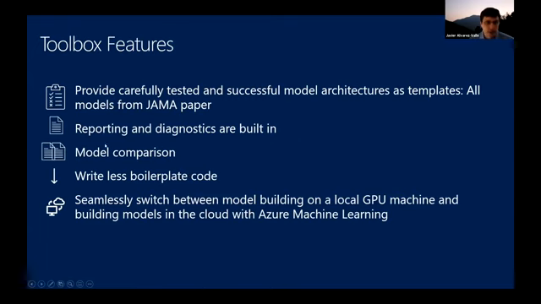Other features that we have in the toolbox are different levels of abstraction. If you want to use segmentation models like the ones that we have for radiotherapy, you can work at a very high level. You can just modify a small configuration and train the same models that we are building for radiotherapy. If you want to go low level and build different networks that are not available in the toolkit, you can do that. We have a way to plug in with PyTorch Lightning and bring your own models. We provide reporting and diagnosis.